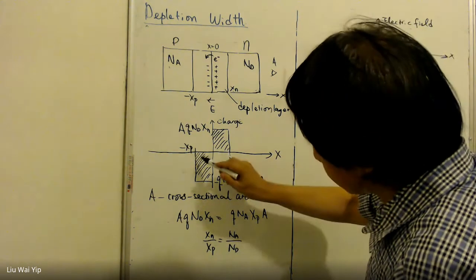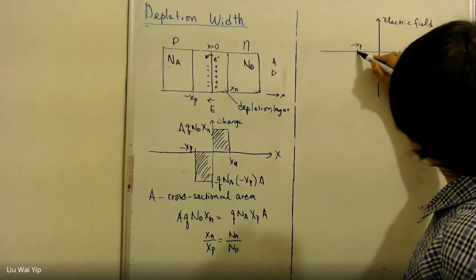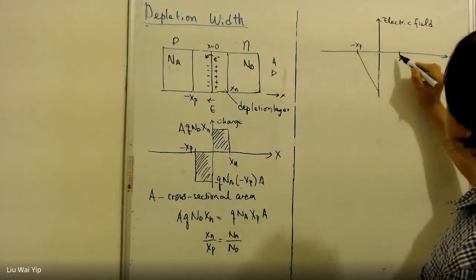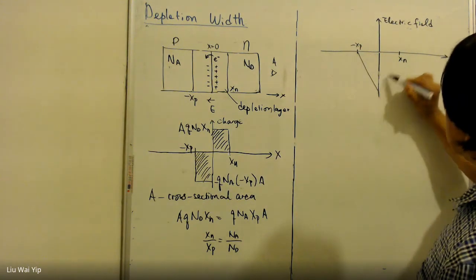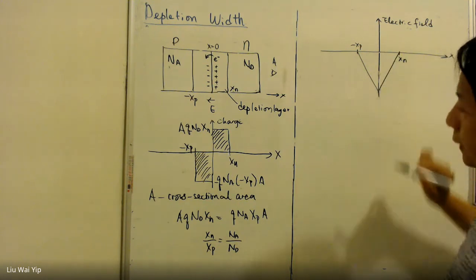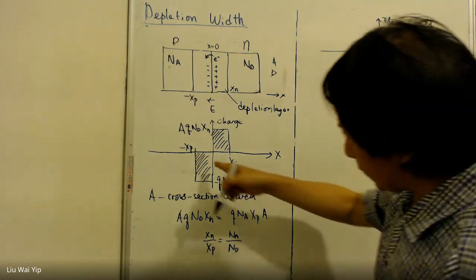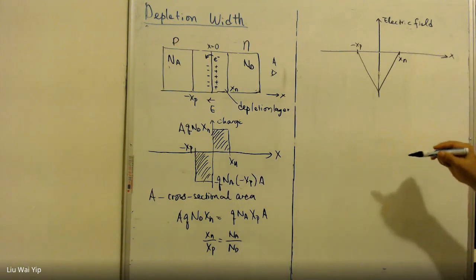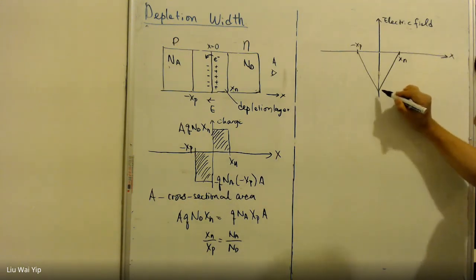If you integrate this area, then you have the electric field here, and you have another electric field here by integrating the area here until it reaches zero.